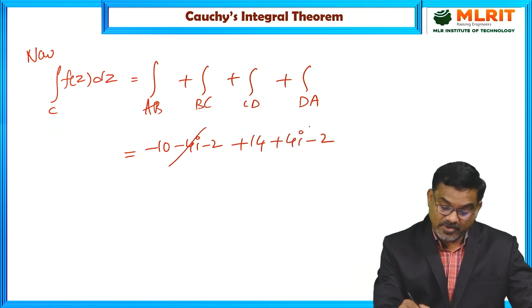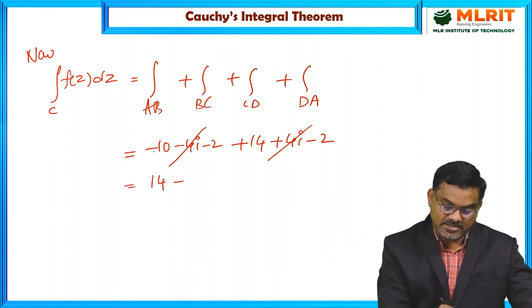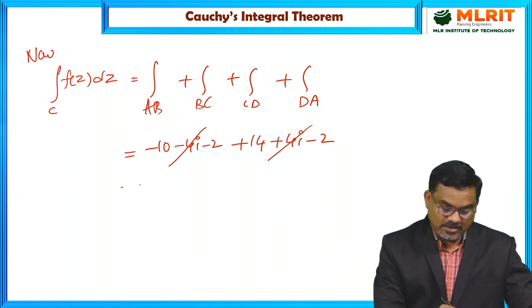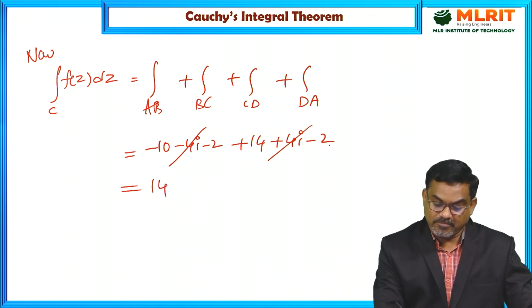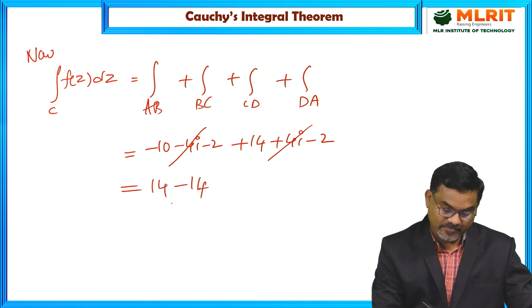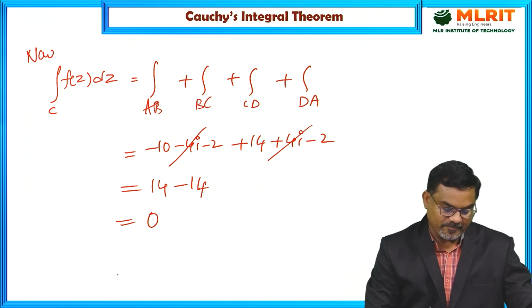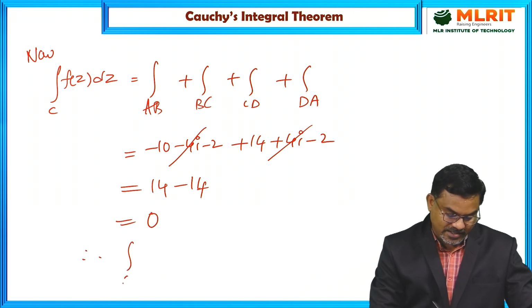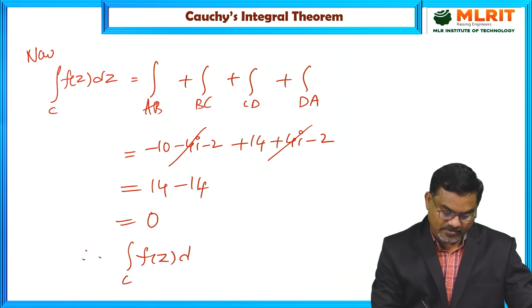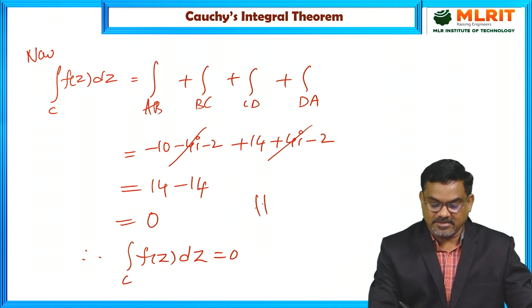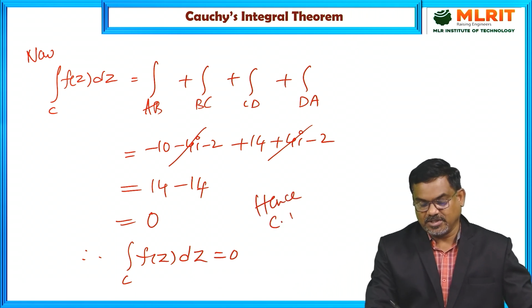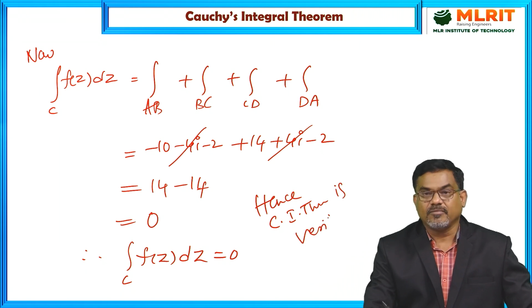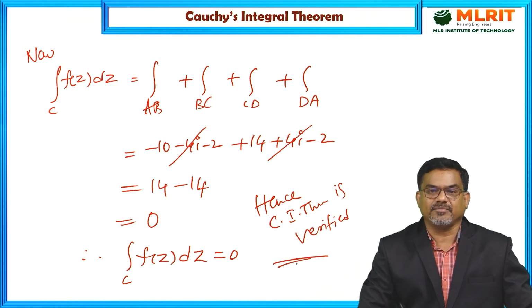So minus 4i plus 4i gets cancelled, and 14 minus 10 minus 2 minus 2 gives 0. Therefore, the line integral along the given curve is 0. Hence, Cauchy's integral theorem is verified for the given function f(z).